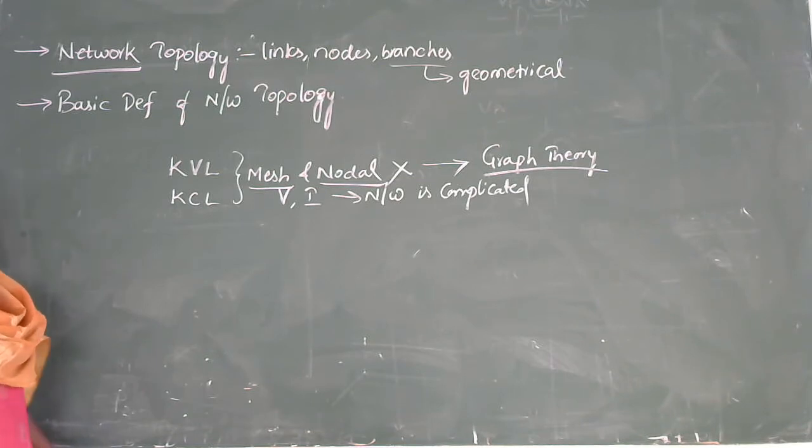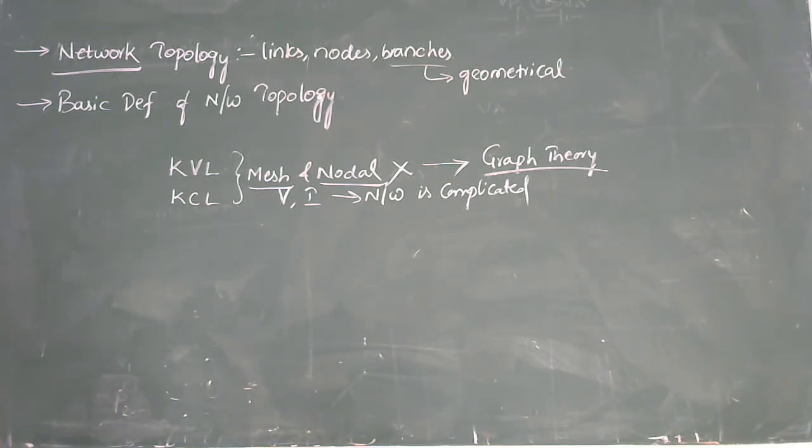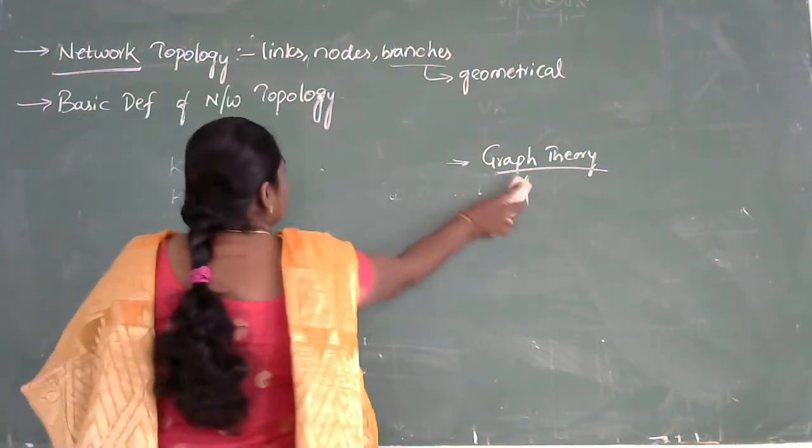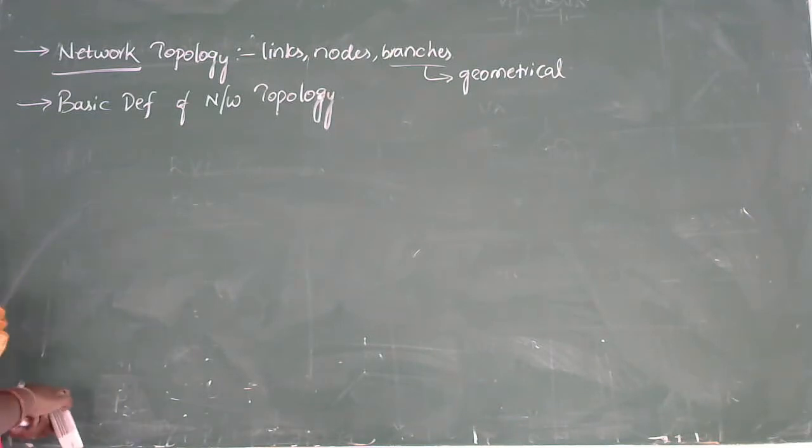Coming to the basic definitions of network topology, the definitions present are node, branch, what is meant by a graph, and what is meant by a tree. So let us discuss these basic definitions.